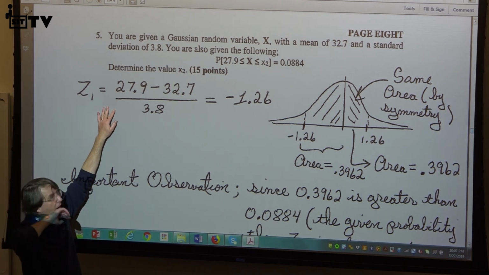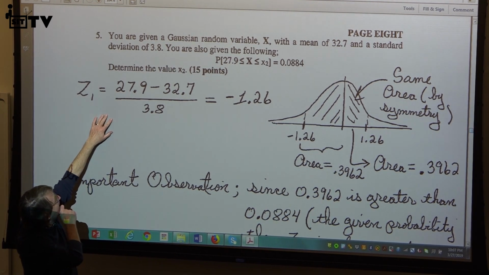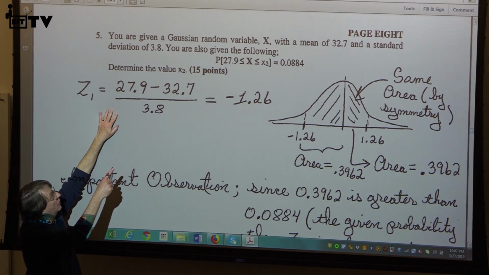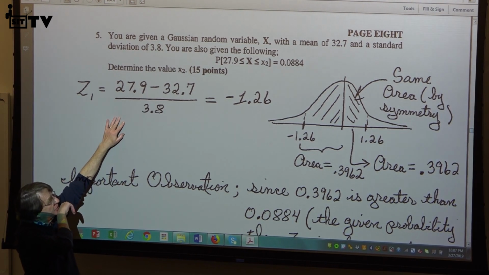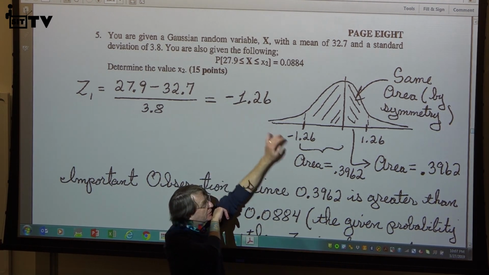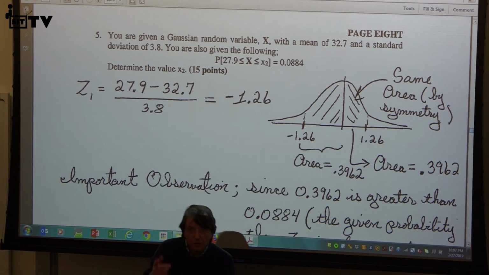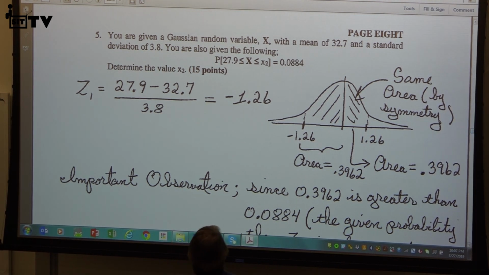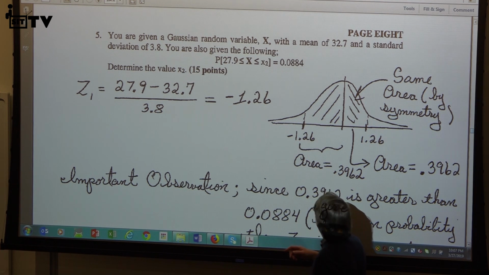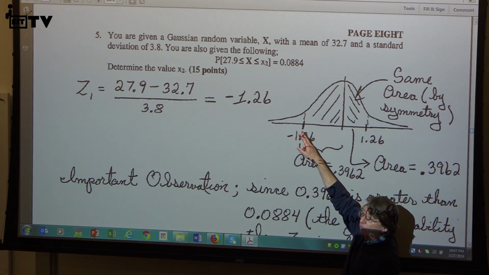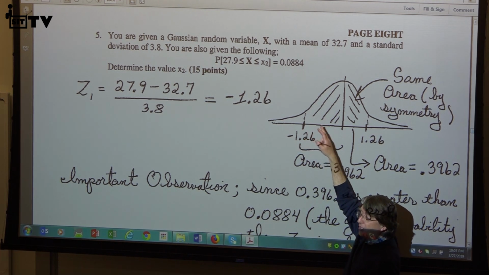All right, so what I do is I calculate z1, which is the lower bound minus the mean divided by the standard deviation. And I get minus 1.26. Now, I have to do some thinking on this problem, so I need your help here. I find the area from minus 1.26 to 0.